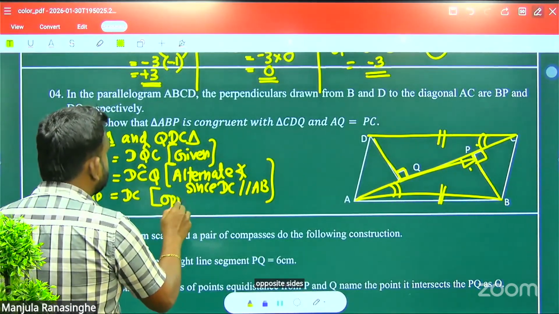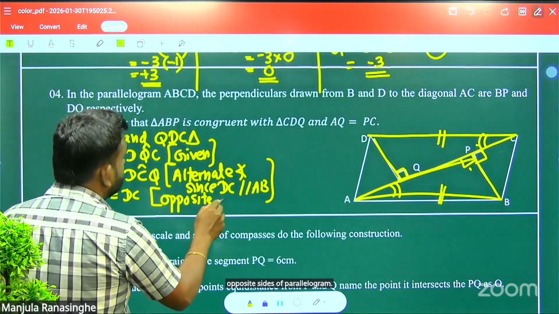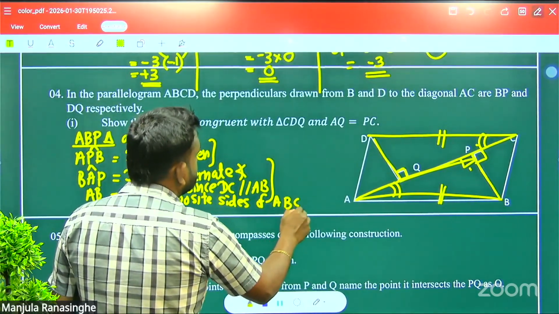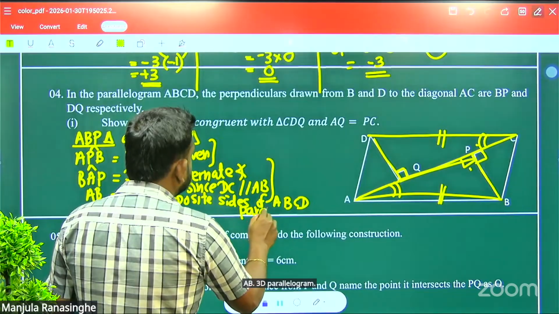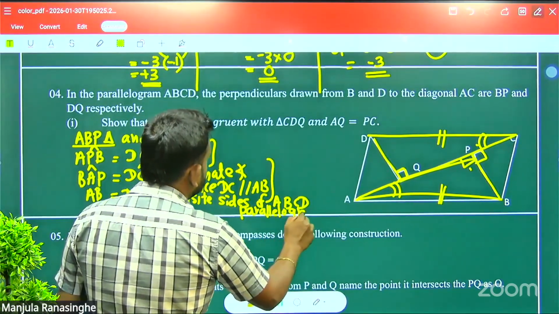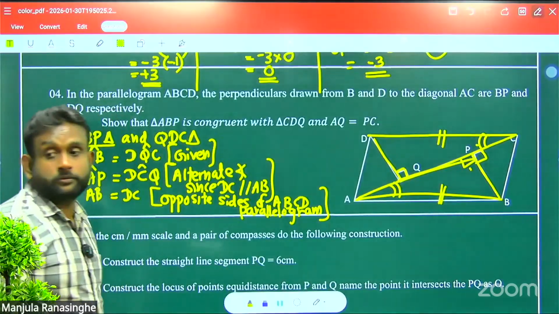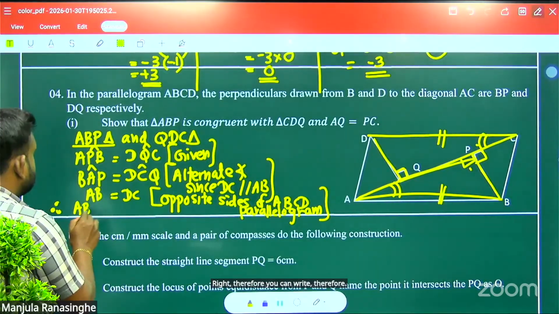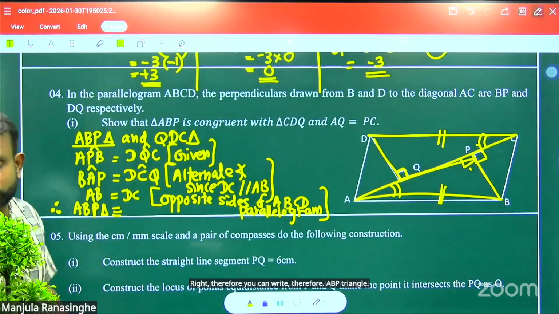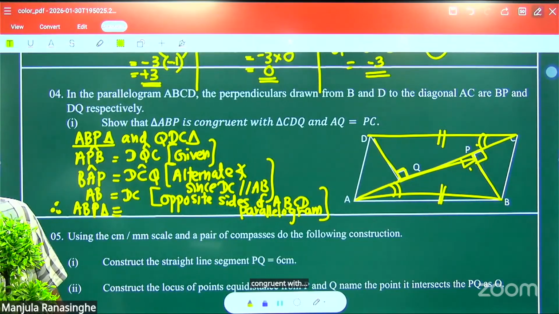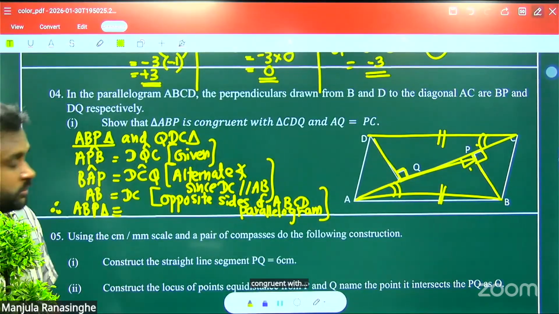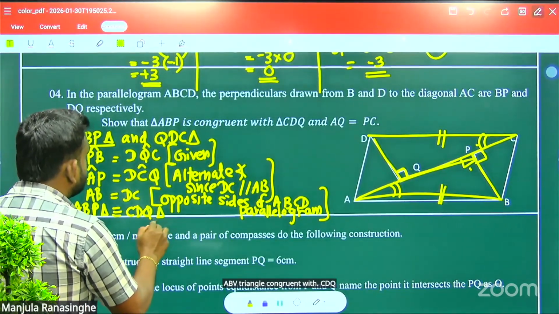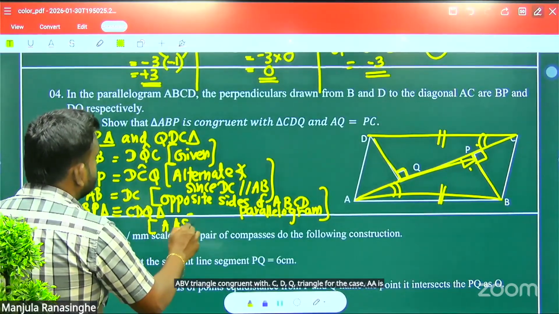Opposite sides of parallelogram ABCD. Therefore, triangle ABP is congruent with triangle CDQ. What's the case? AAS, angle angle side.